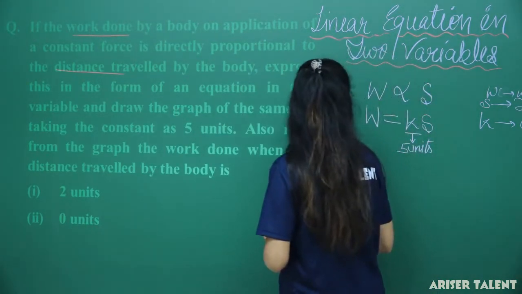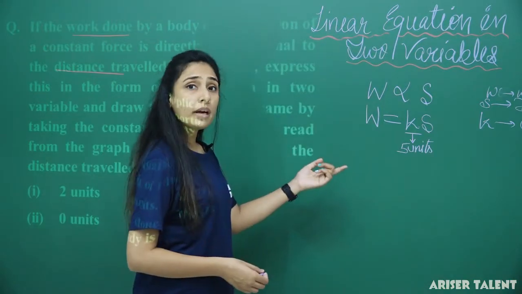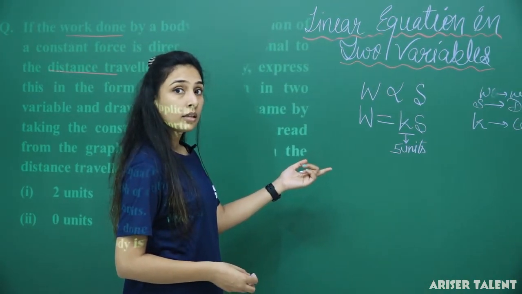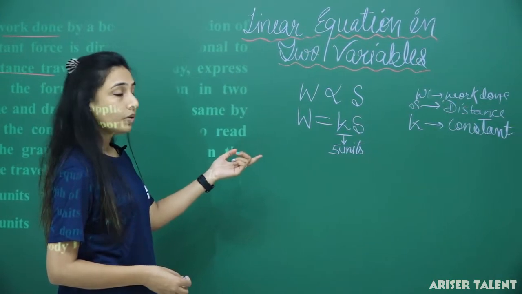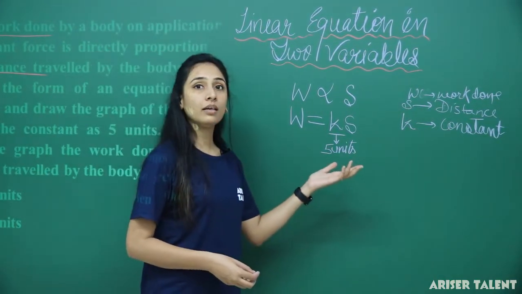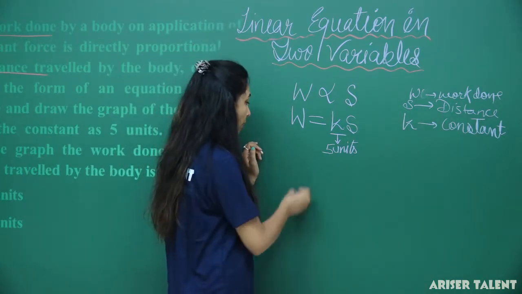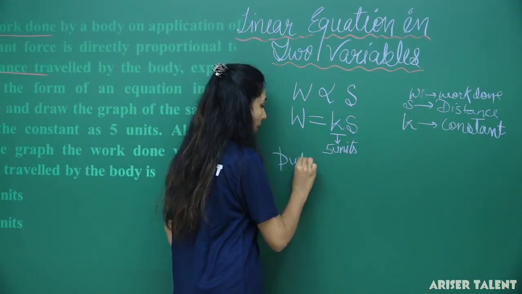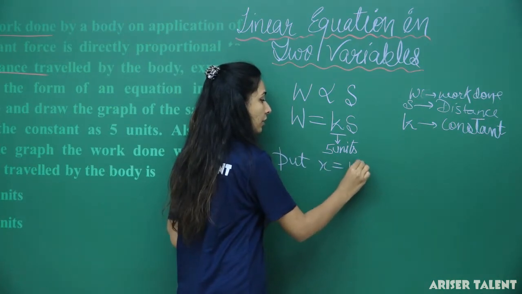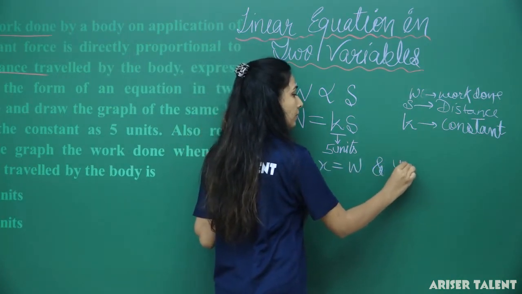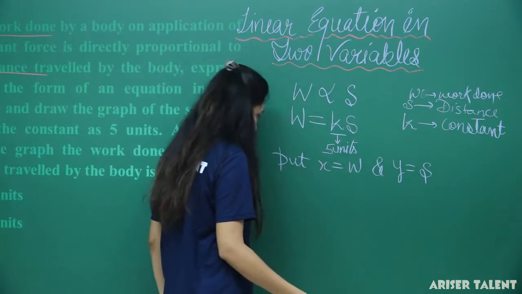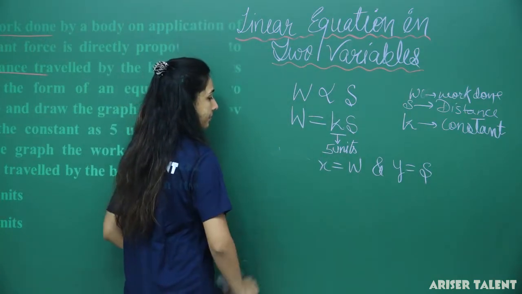So, basically, if I have to write this in equation form, in the format ax plus by plus c equals 0, what do I have to do? Put x equals to W and y equals to S, or you can write it as let.